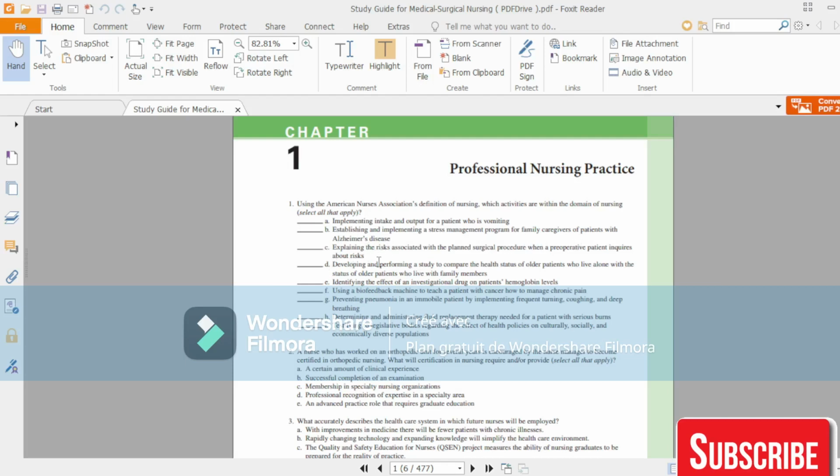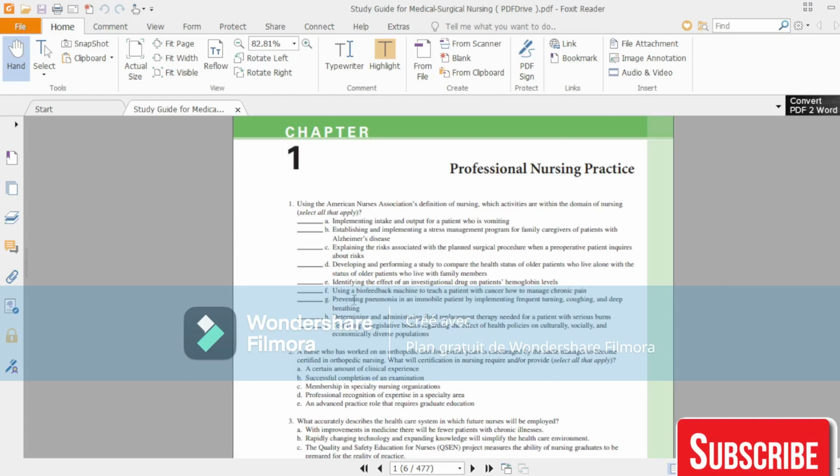C. Explaining the risks associated with the planned surgical procedure when a preoperative patient inquires about risks. D. Developing and performing a study to compare the health status of older patients who live alone with the status of older patients who live with family members.